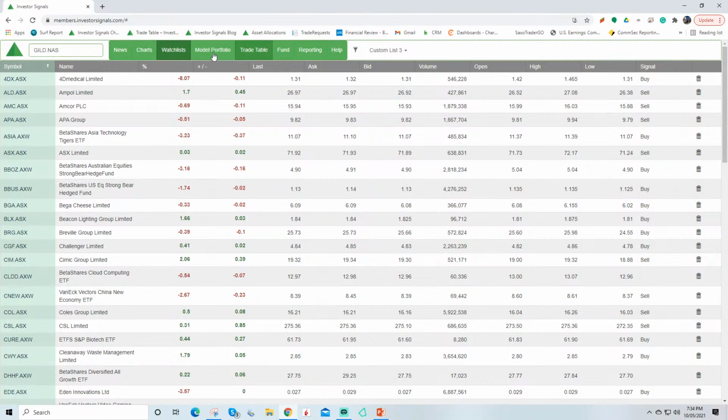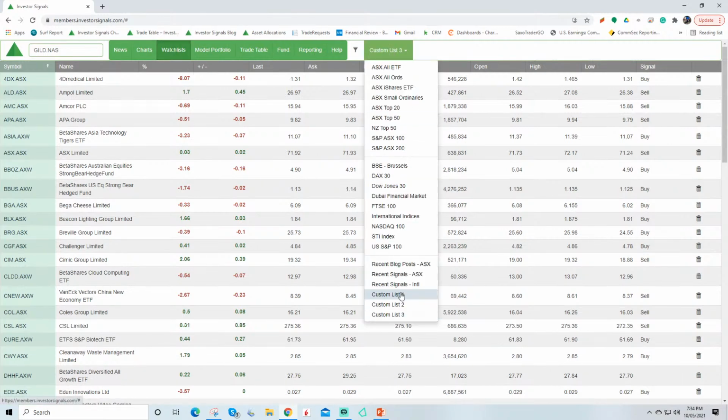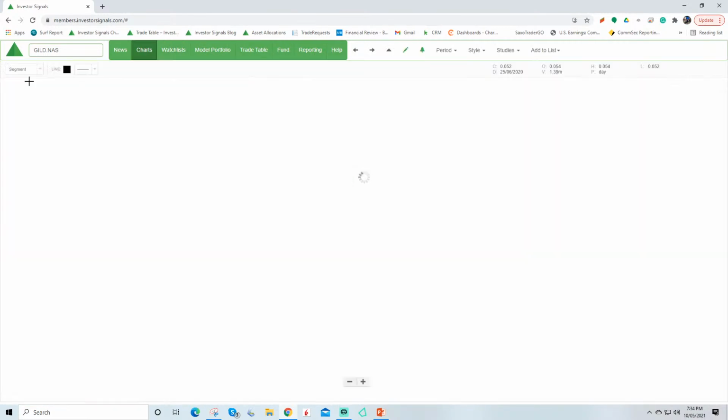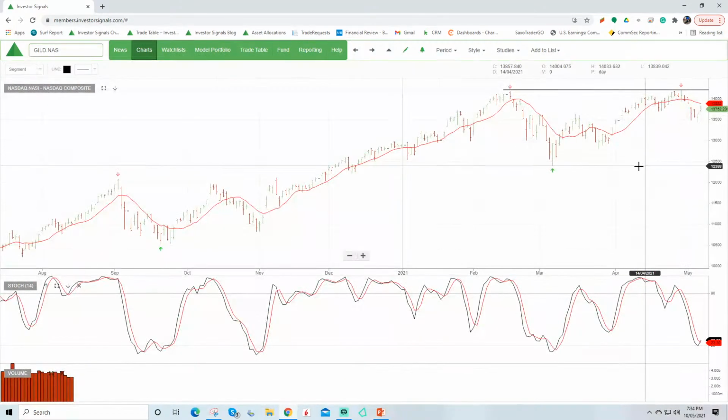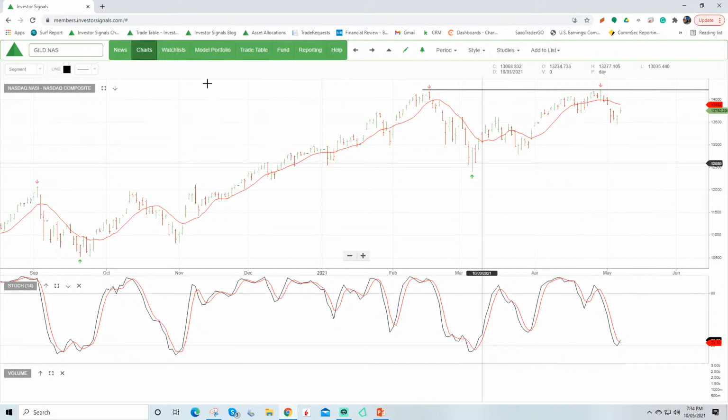So just to conclude this evening, I'll just remind you what we're looking at here on the Nasdaq. We remain long equities, and from a risk management standpoint we're keeping an eye on the market's tolerance around continuing to take high risk speculative exposure in the market.